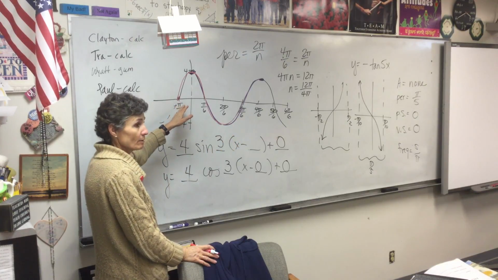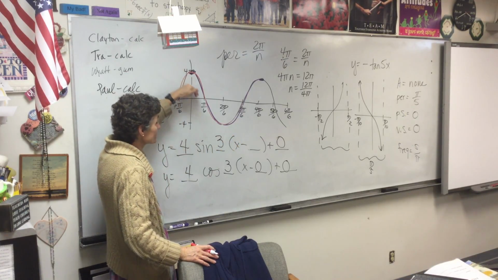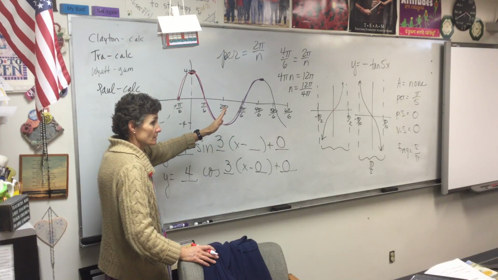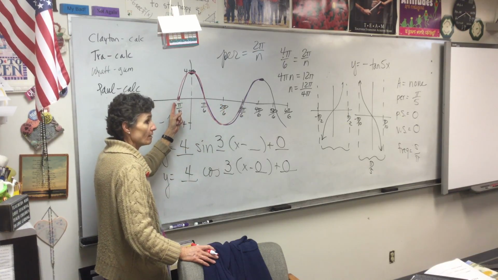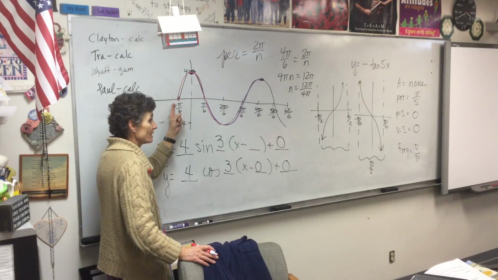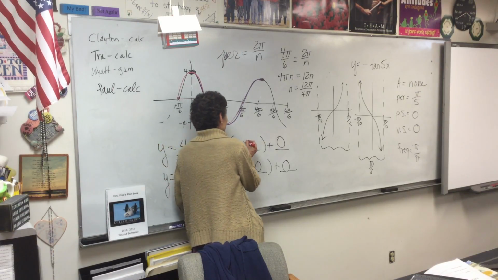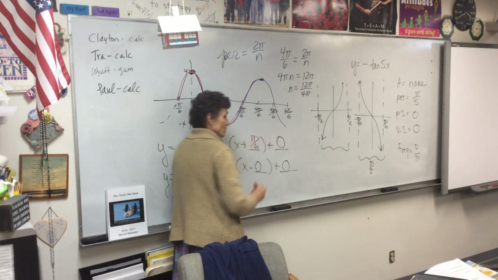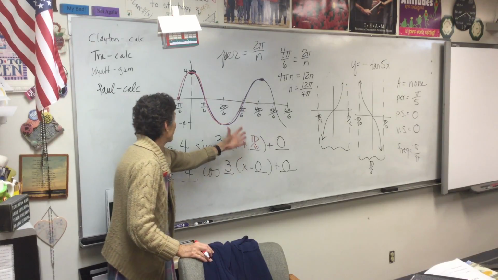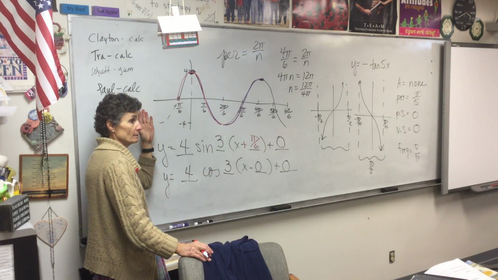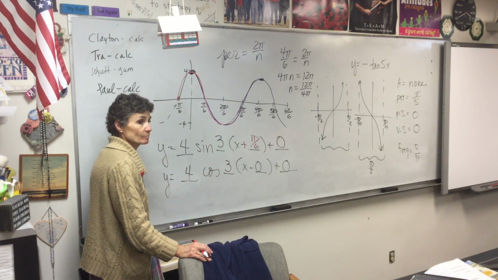But if you start here, you have a positive sine curve and a phase shift of negative pi over 6. So this is going to be x plus pi over 6. That will back you up pi over 6 units and start you in the right place.